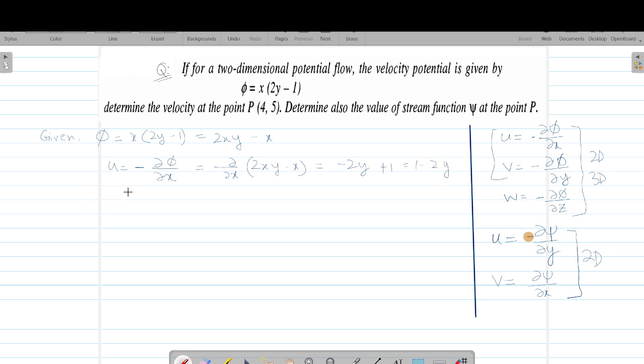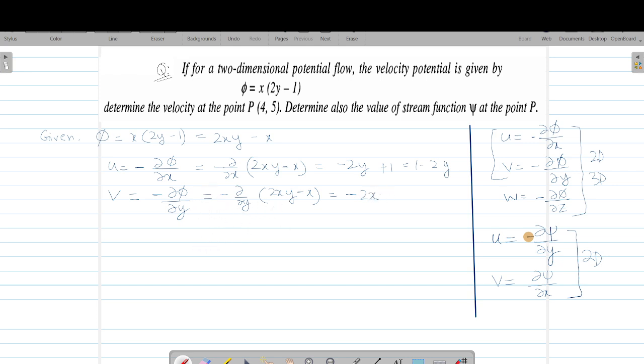In the same way, if you want to find the velocity in the y direction, v is equal to what? Minus d phi dy. You were absolutely right. So now you write minus d/dy of (2xy minus x). You will get only minus 2x from here.